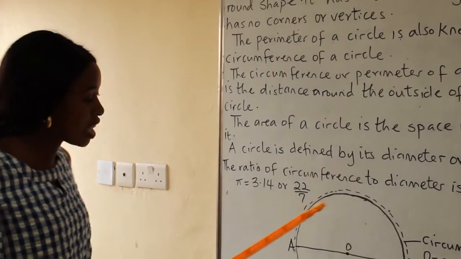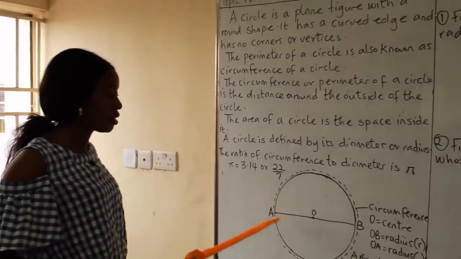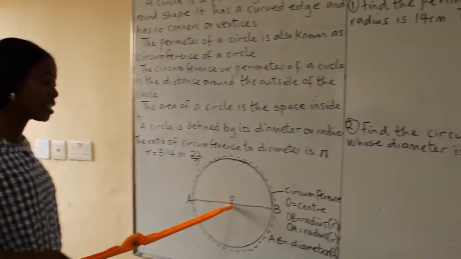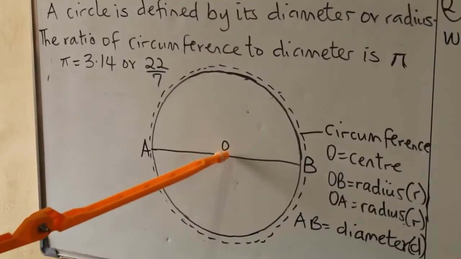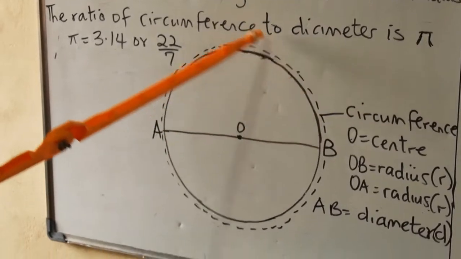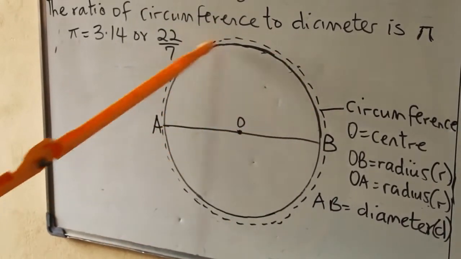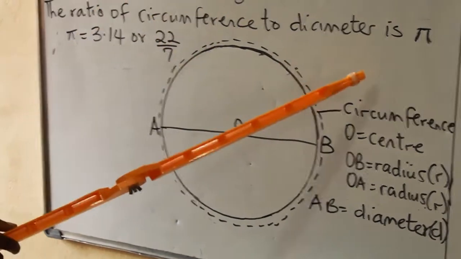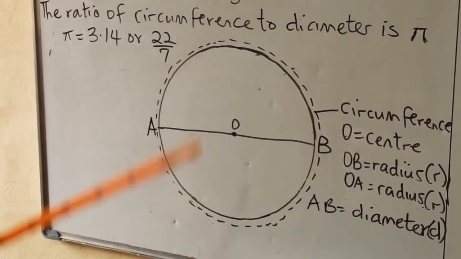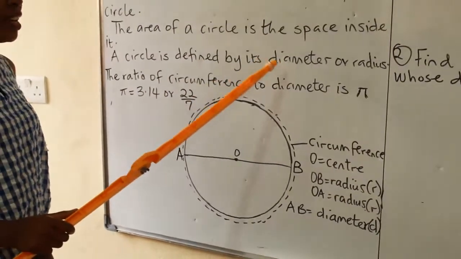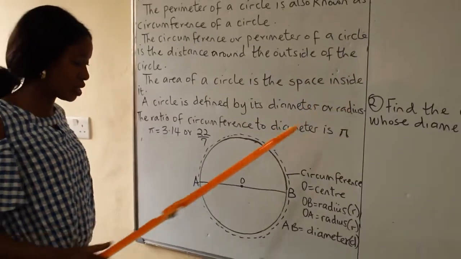And this is my circle here. I have O here at the center of the circle. The distance around the outside of the circle is referred to as the perimeter or the circumference of the circle. A circle is bounded by its diameter or radius.